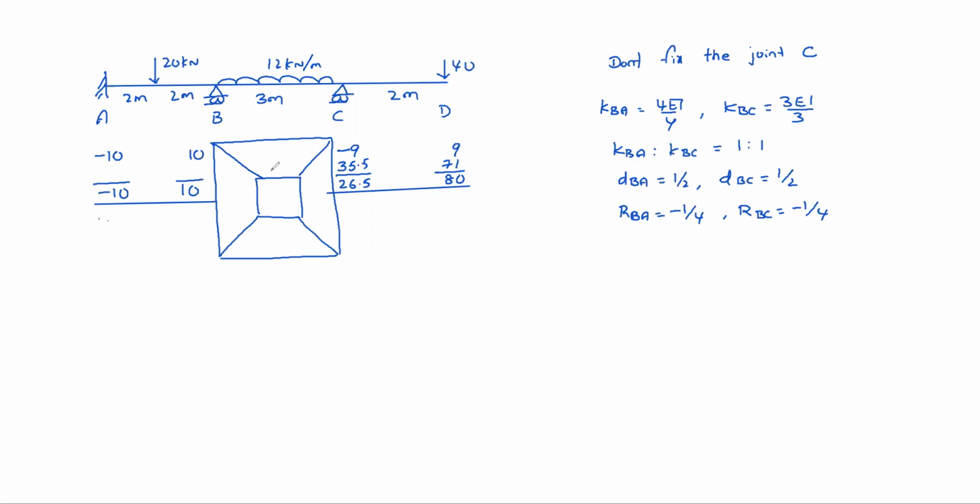Now at joint B, see this is joint A, this is joint B, this is joint C. Okay. So now what is the total? 10, 26.5. Total how much? 36.5. Rotation factors minus 1 by 4, minus 1 by 4.